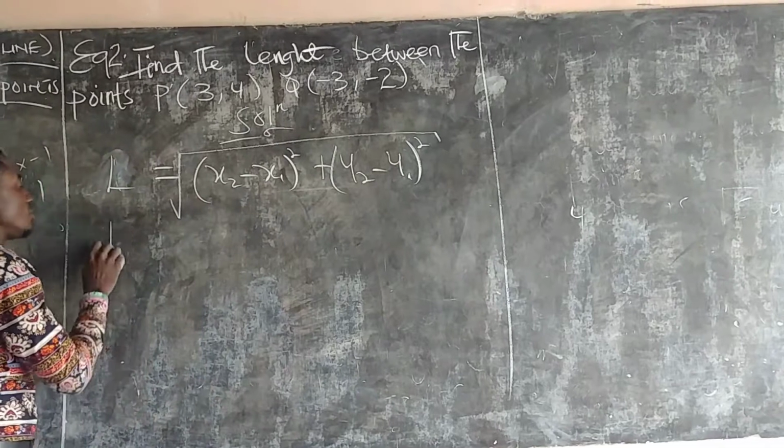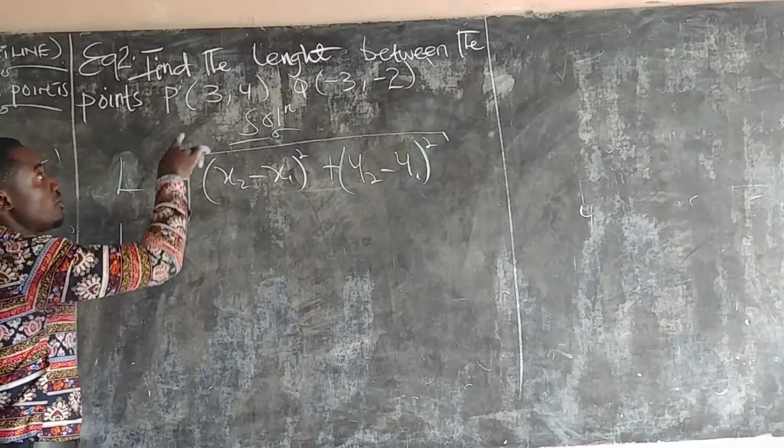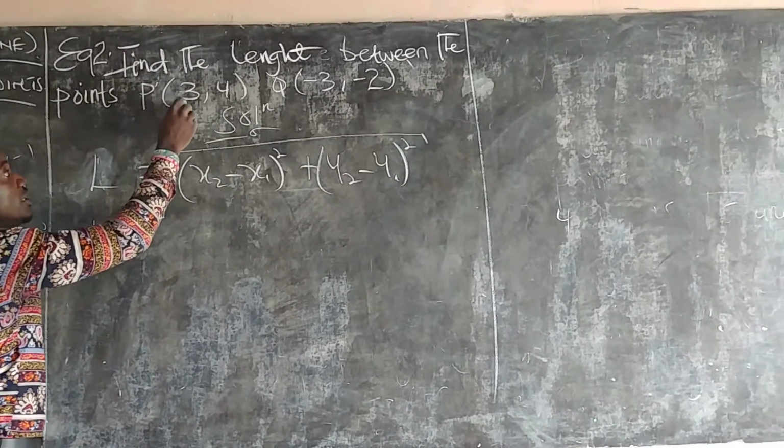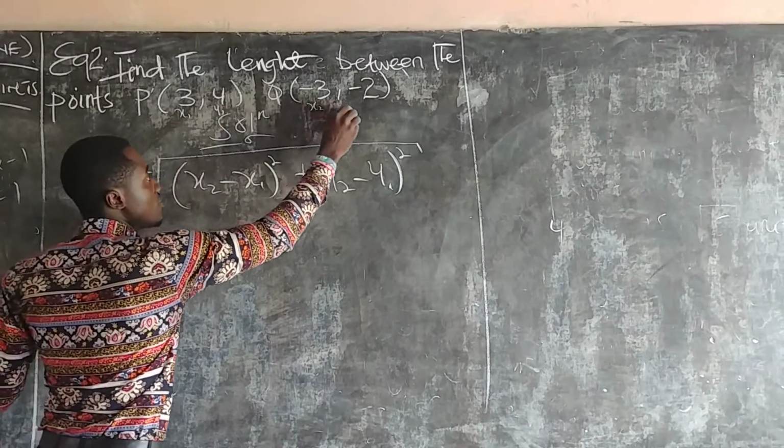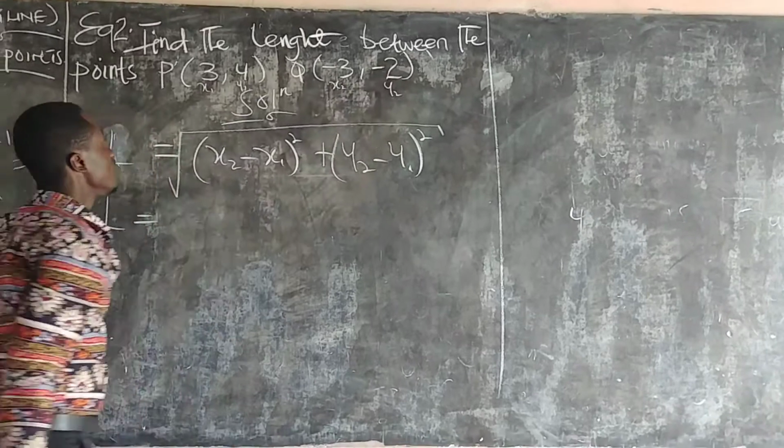So the length will be equal to, from the points given, P (x1, y1), Q (x2, y2).